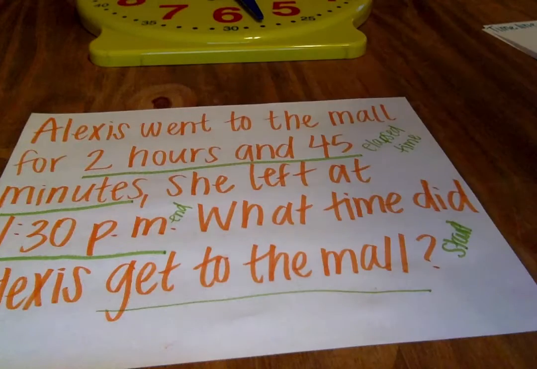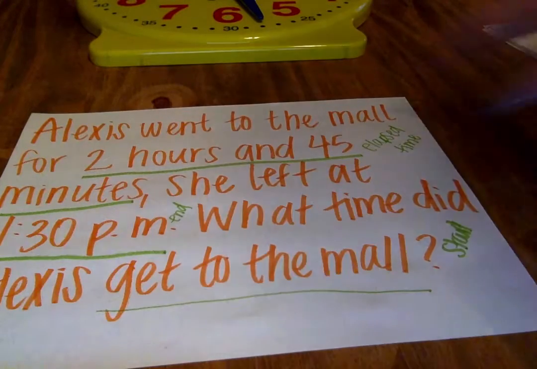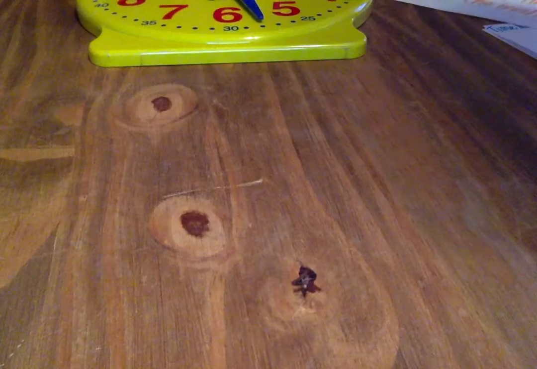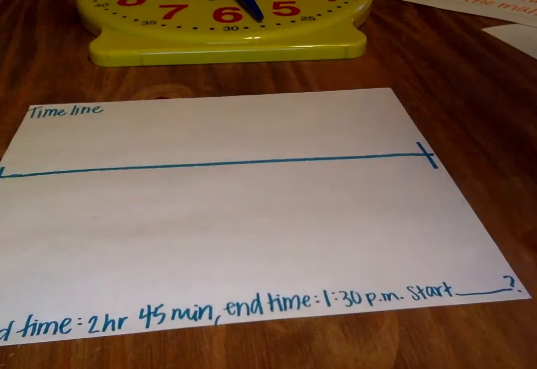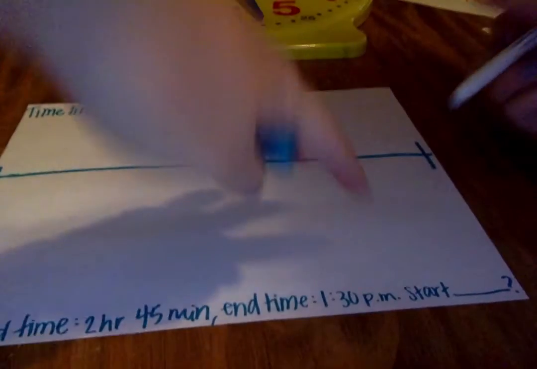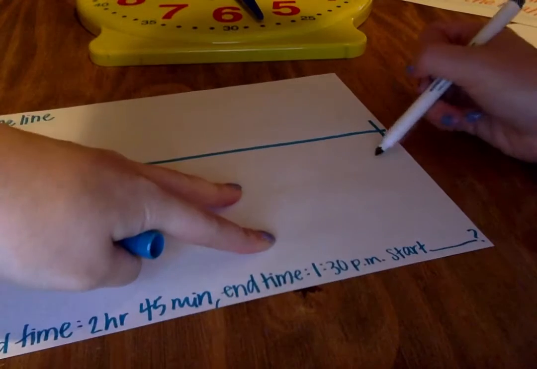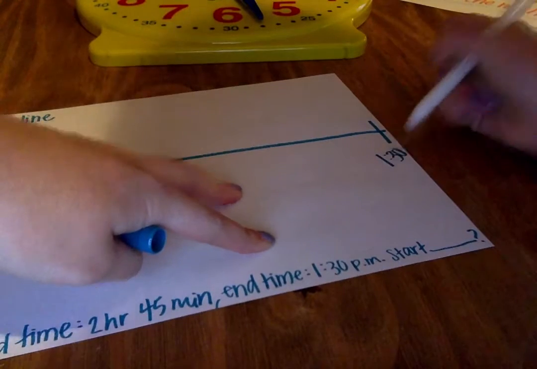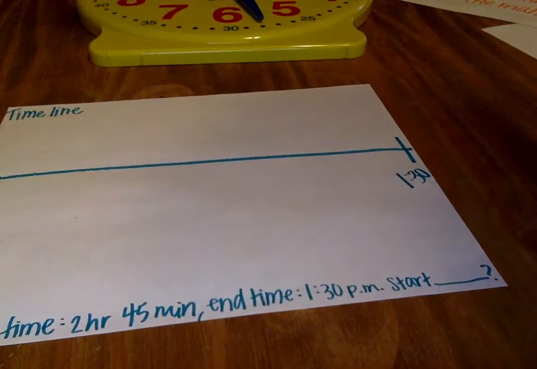So we are going to create a linear model first by using our timeline. We are going to be labeling our timeline with time. So when we label our timeline, I'm going to first put at the end 1:30 because we know that Alexis left at 1:30 p.m. I'm going to use a different color.